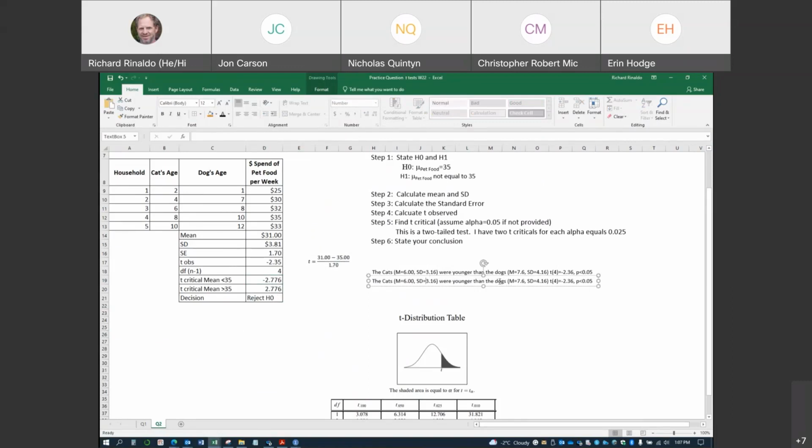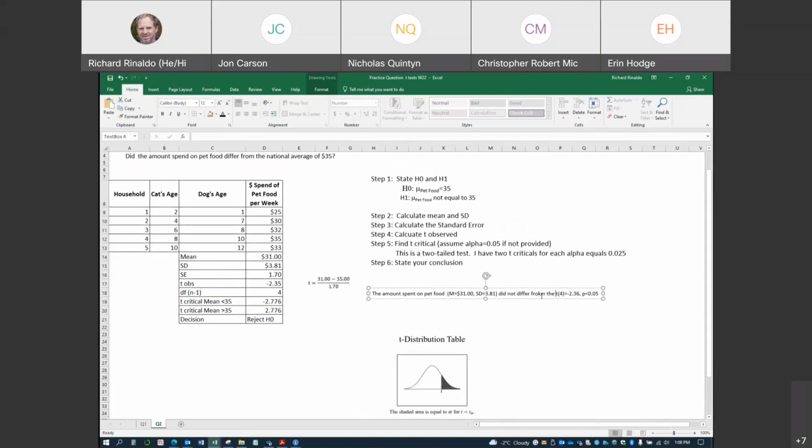So then, the amount spent on pet food, with a mean of $31.00 and a standard deviation of 3.81, did not differ from the national average of $35.